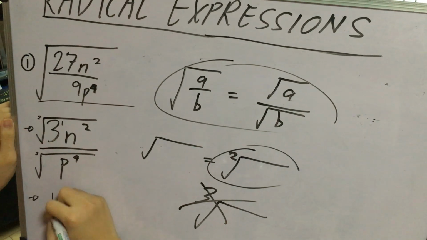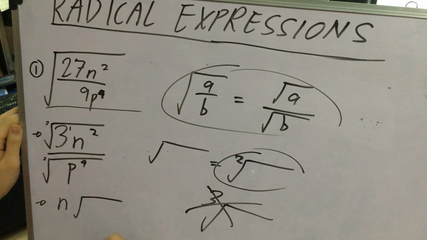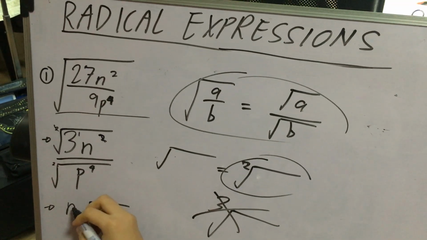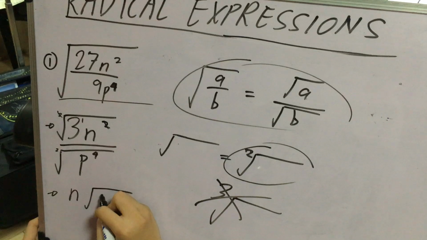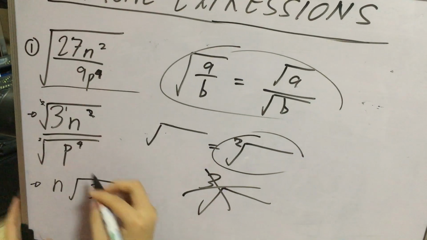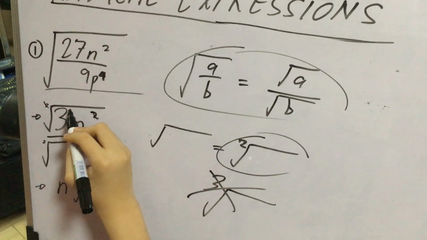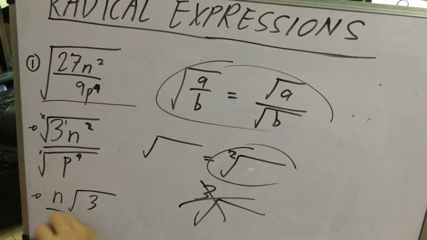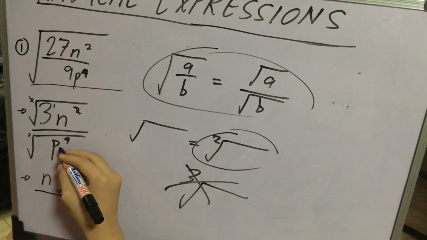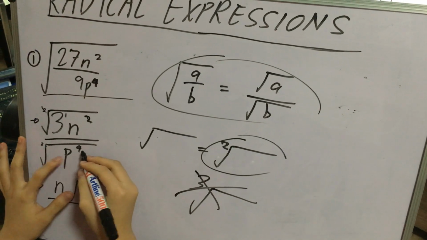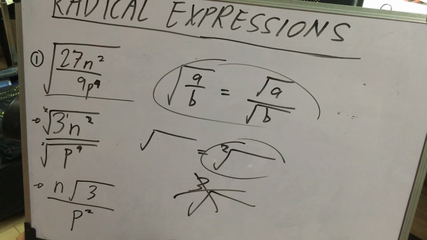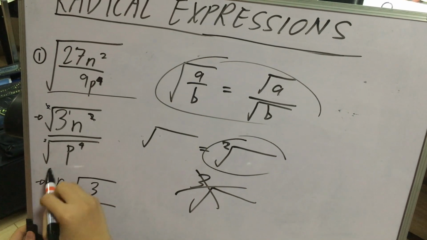The square root of n squared would be n. We bring 2 and 2 going outside. 3 would remain inside since its exponent isn't 2, rather 1. So just place it inside. P to the fourth power divided by 2 would be 2 in order to bring it out. Basically, this would be the answer.